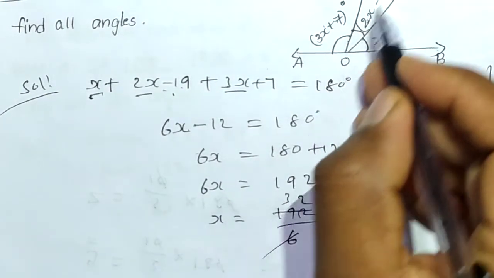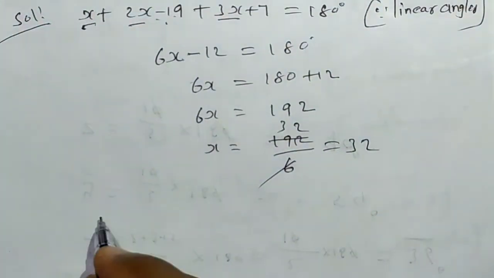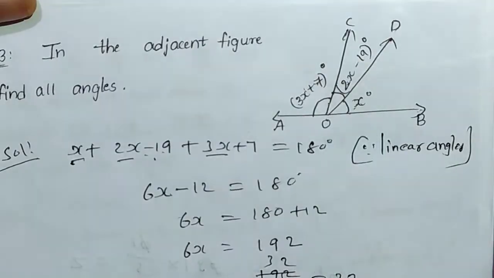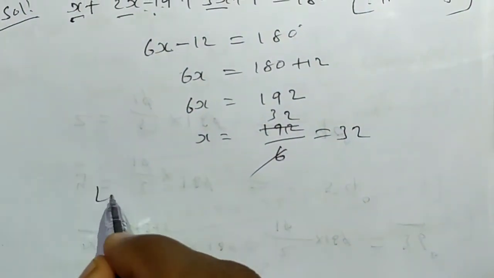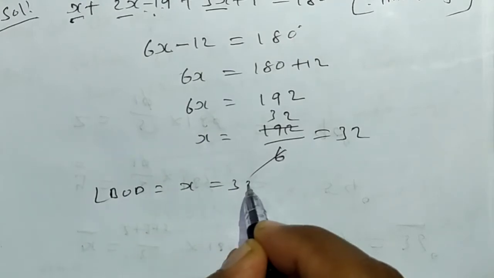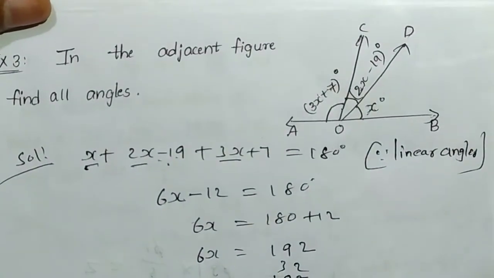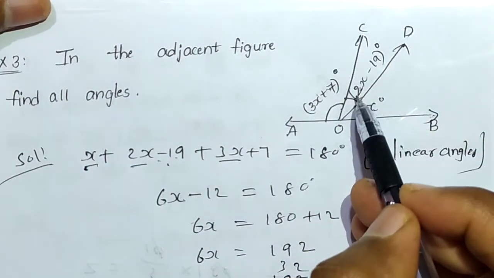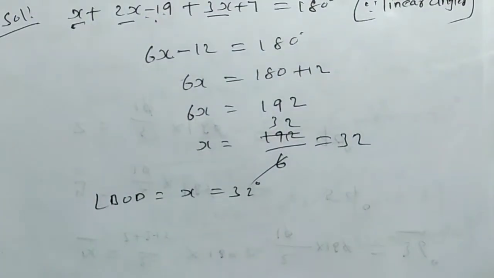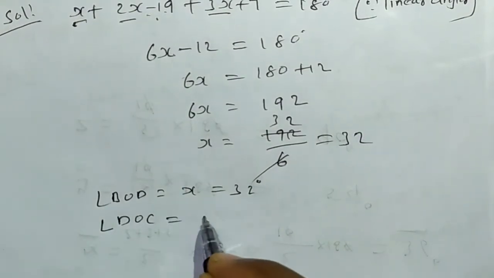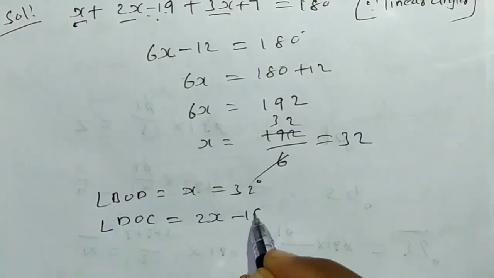Here the first angle BOD, see, angle BOD is x. Angle BOD is equal to x, that is equal to 32 degrees. What next? The second angle DOC is 2x minus 19, right? Angle DOC is equal to 2x minus 19.